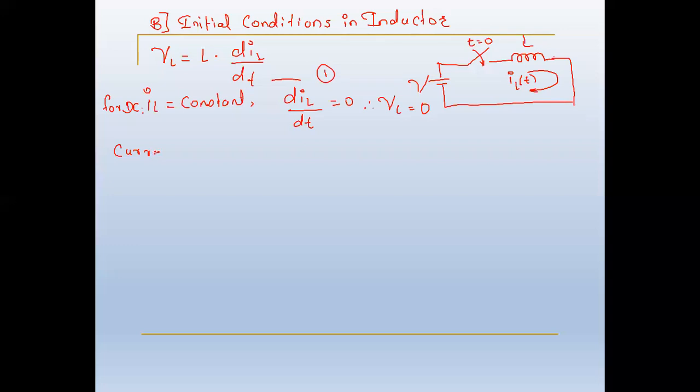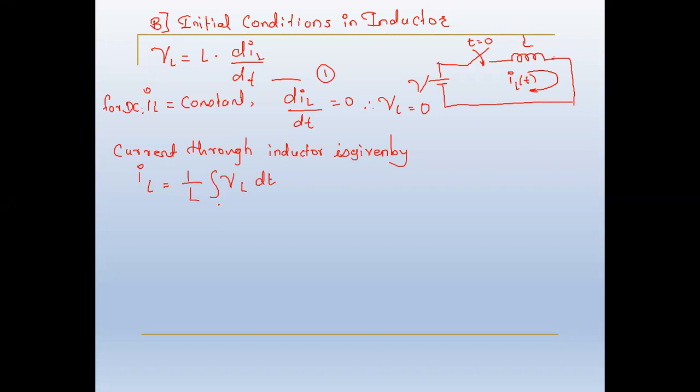So to obtain the initial condition, let us consider the equation of current through the inductor. Current through the inductor is given by IL is equal to 1 by L integration of VL dt.